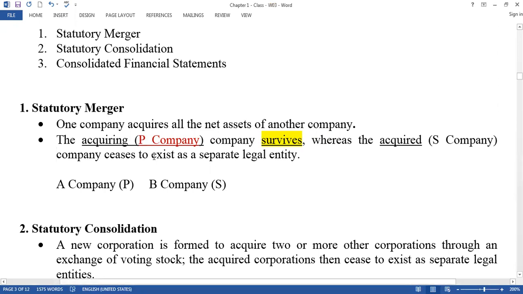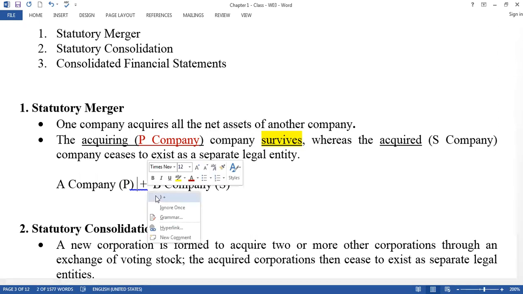The subsidiary company is going to exit as a separate legal entity. So it means that two companies are going to merge, right? Company A plus company B is going to merge. After merging, who is going to survive and who is going to cease to exist? According to this definition, the parent company is going to survive, right? So what should be the name of this company now?